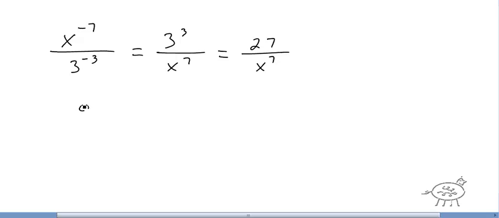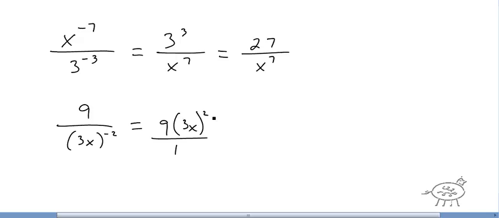What about this one? 9 over 3x to the negative 2nd power. Okay? Again, looks a little complicated, but what I'm going to do is that 9 is where it's at, and that other part, so I'll draw the fraction. That's going to move the other side, so 3x to the positive 2, which is really, I don't need this bottom now, if you recognize that, right? And remember that the only thing that's being squared now is the 3, not the 9.